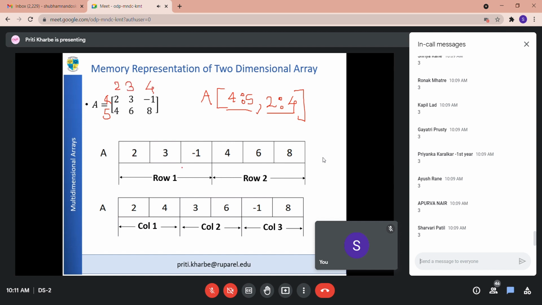So in this case, how will you refer element 3? It will be written as A of what? A 4 3. Are you understanding? What will be value of LBR for this matrix A? 4.